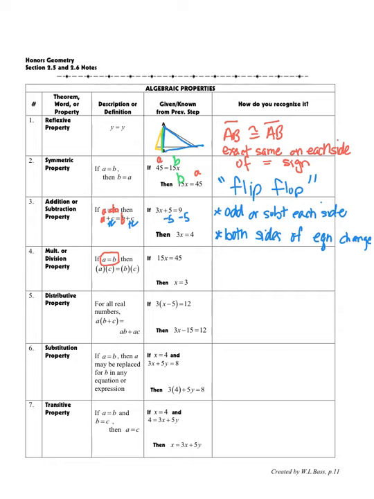So if we look at the example here, if we divide both sides by 15, we would get x equals 3. So this tells us that we can multiply or we can divide each side of the equation, and that both sides of the equation change.